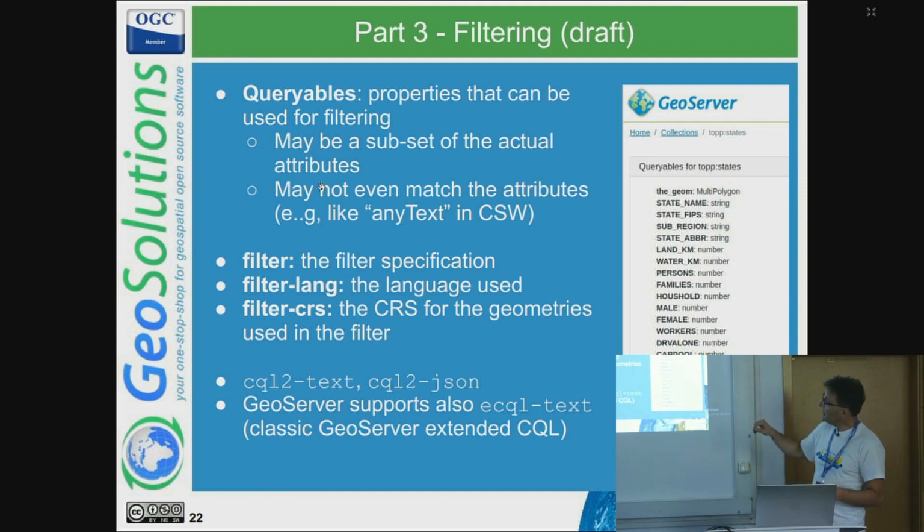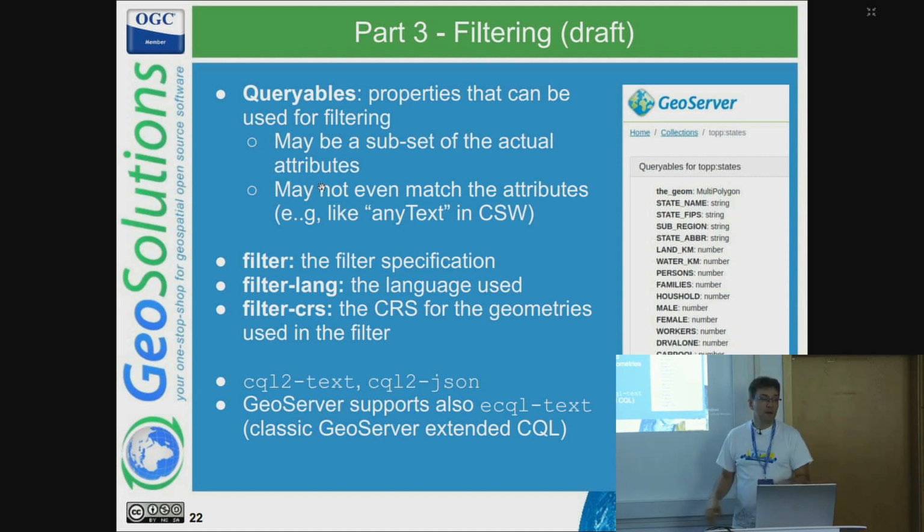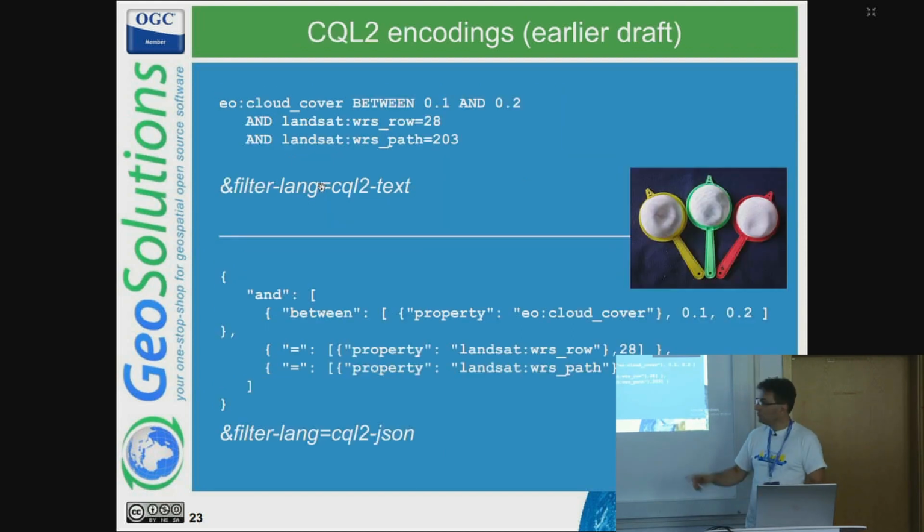And then you have the three parameters, filter, filter-lang, and filter-crs to specify your filter. So this part does not mandate a particular filtering language. It just provides a mechanism for filtering. And then there is another specification called CQL2 that you can use to provide a filter. CQL2 looks a little bit like the old ECQL that GeoServer implements.